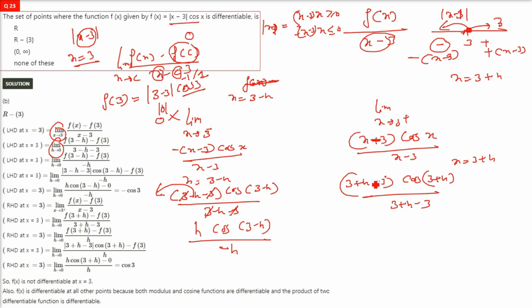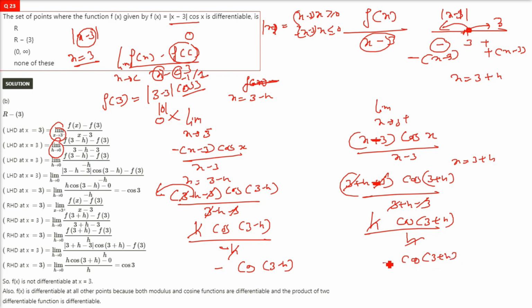So there is again a slight change here. And to err is human, that is what you can take from this. Okay, h cos(3 plus h) divided by, 3 gets cancelled. You have an h in the denominator. This gets cancelled. This also gets cancelled. Cos(3 minus h), it is negative cos(3 minus h). Here we have cos(3 plus h).